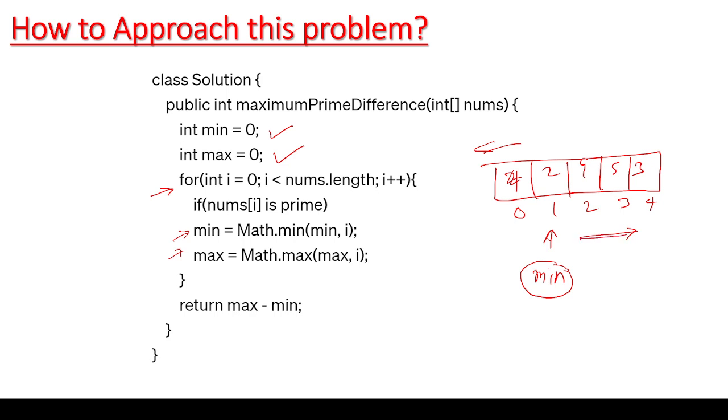But the max also starts from here. Next time we find a prime again at 5, at index 3, so max moves from here to here. Then we move on, and finally we stop at the last index.